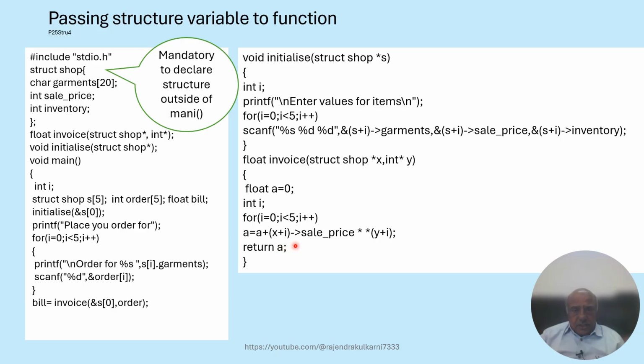This (x + i)->sale_price * *(y + i). So when i is 0, for the 0th element of structure array S of the main, the sale price of that structure's element, which is an int type variable which we have declared as an element of struct shop, will be multiplied by the quantity ordered by the user, which is already available in the array order.